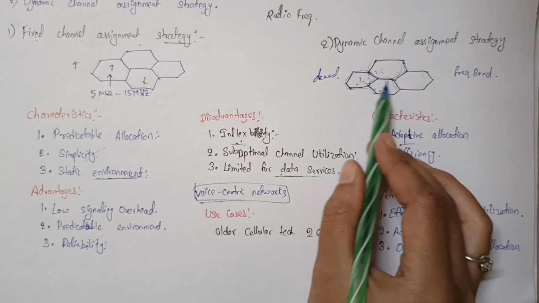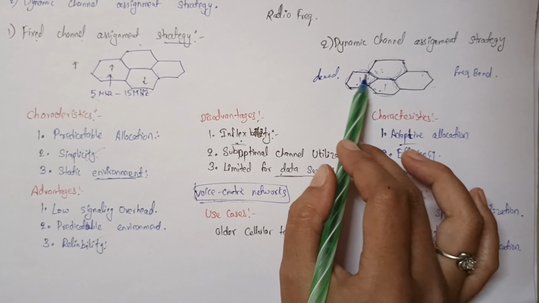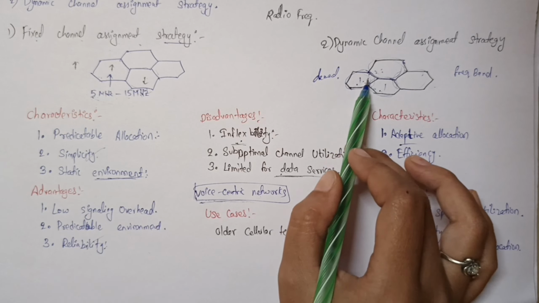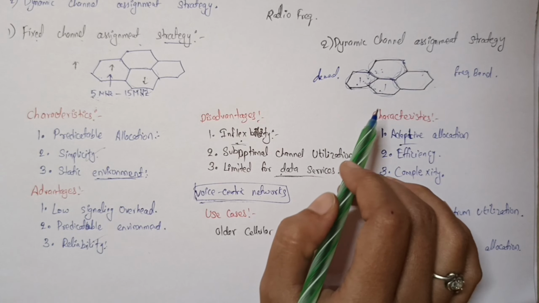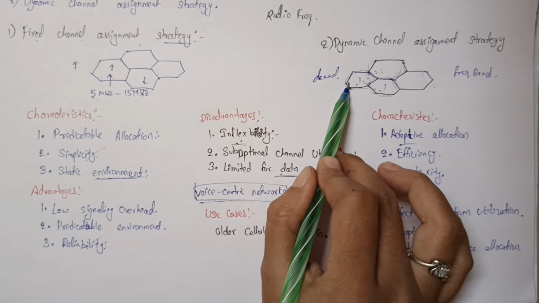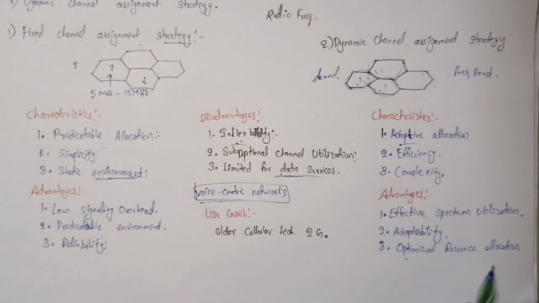So let's say this cell is having less number of people, so this is less busy, and if this has more number of people using the network, then this is more busy. So it reallocates the channel from the less busy cell to the more busy cell with higher demand. So that is optimized resource allocation. I hope you understood this.